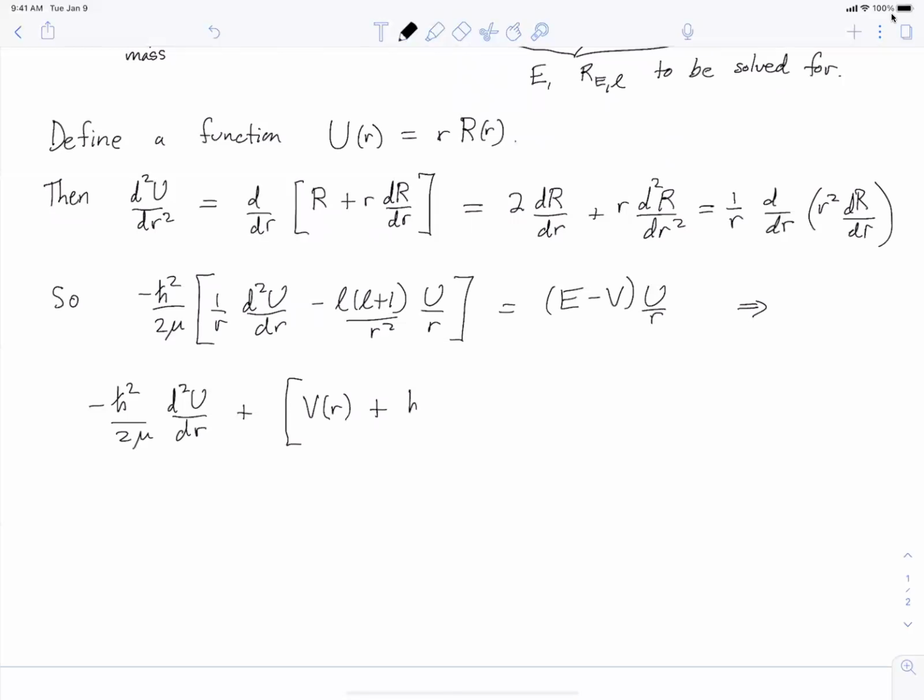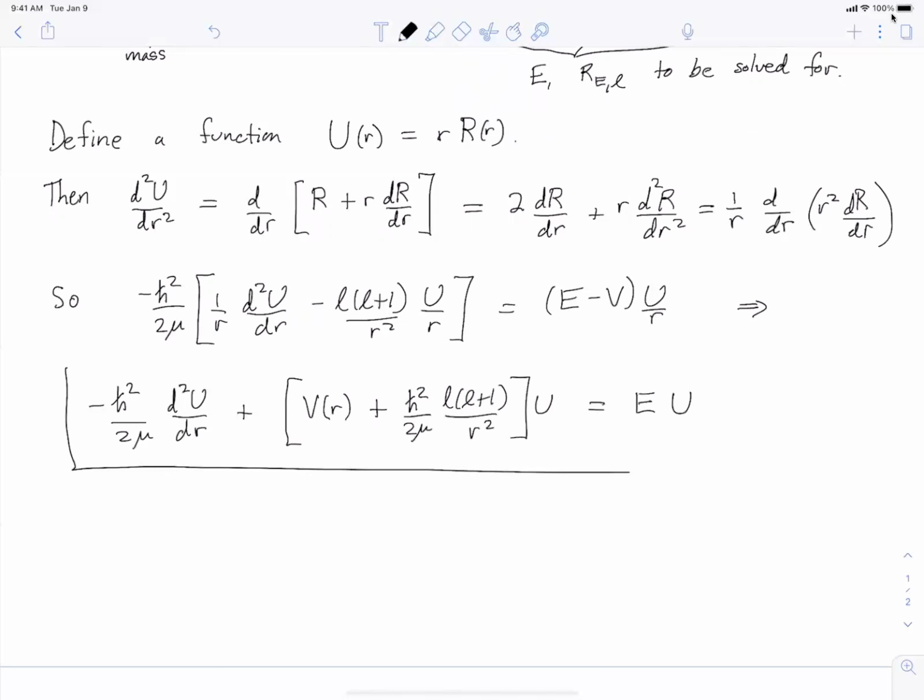So this is h bar squared over 2 mu, L times L plus 1 over r squared, all multiplying u, is equal to the energy eigenvalue that we're trying to find times u.